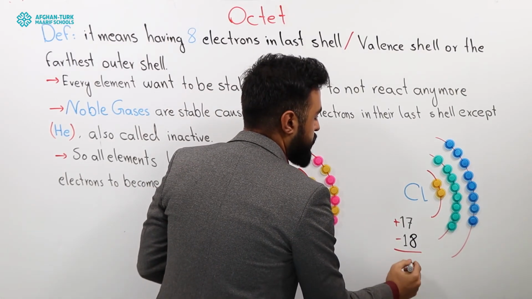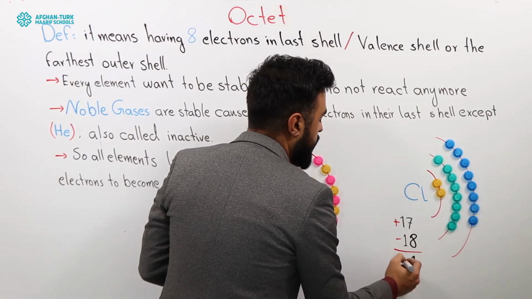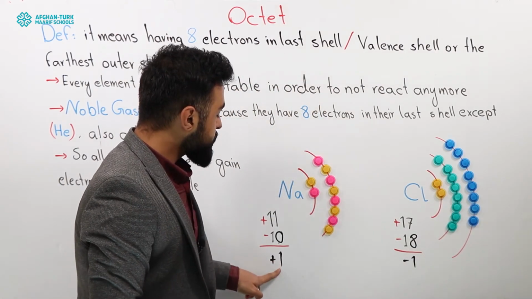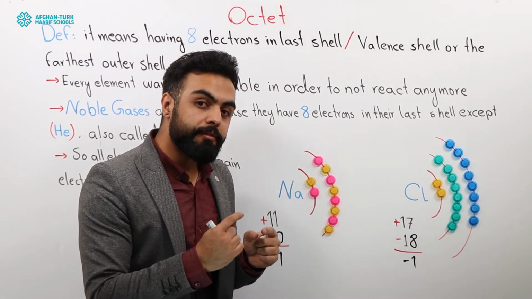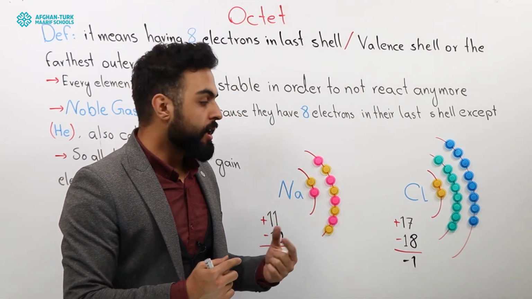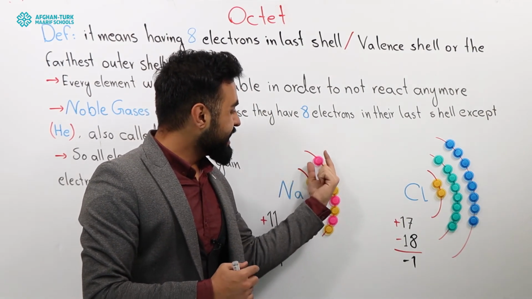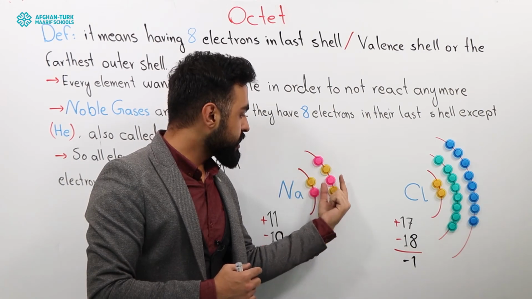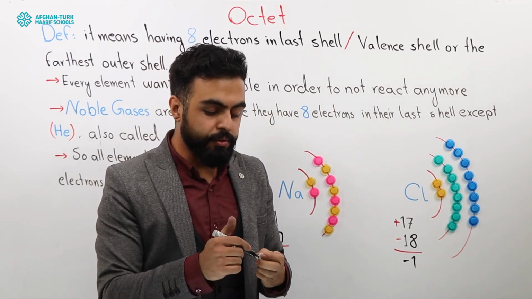So here the charge for chlorine becomes -1. So this +1 and -1 is that force we called valence that keeps them together. So now they become stable because in the last shell both of them have 8 electrons.